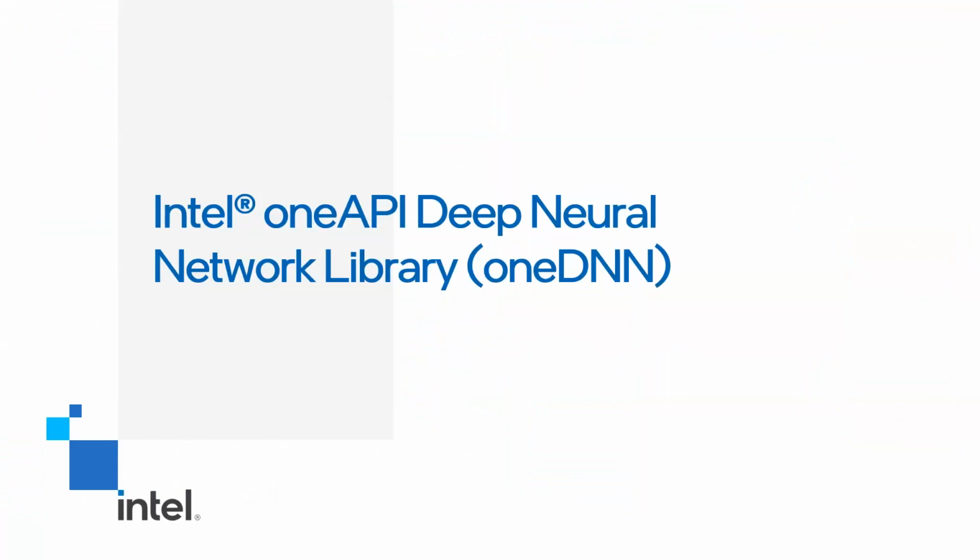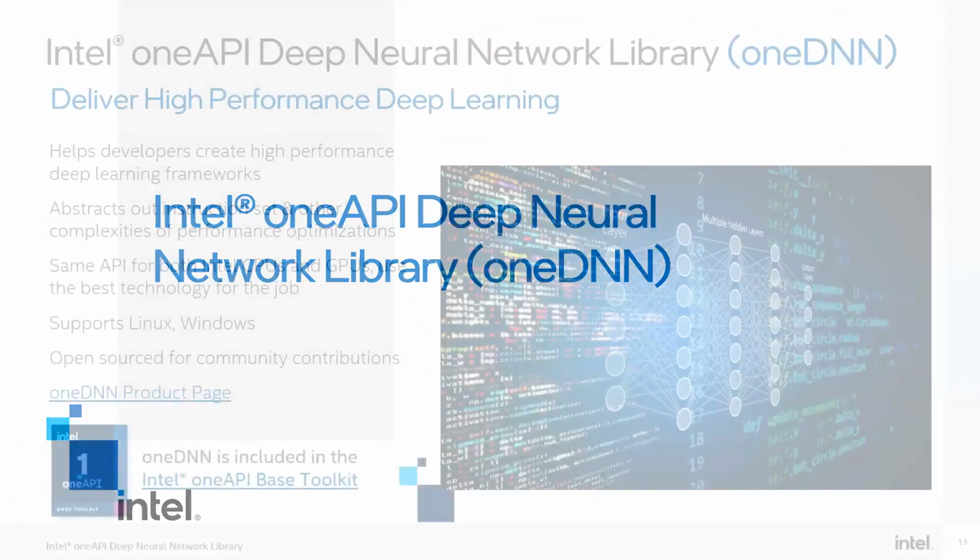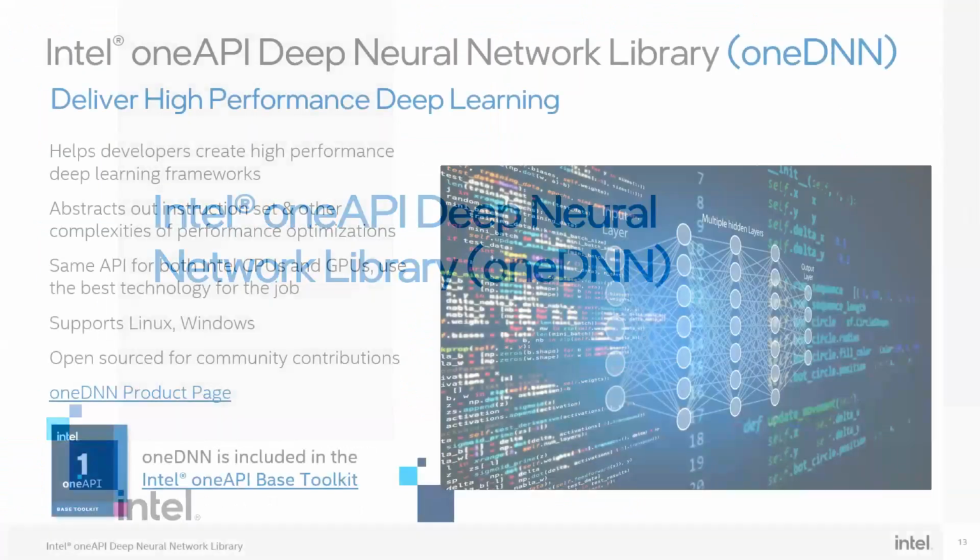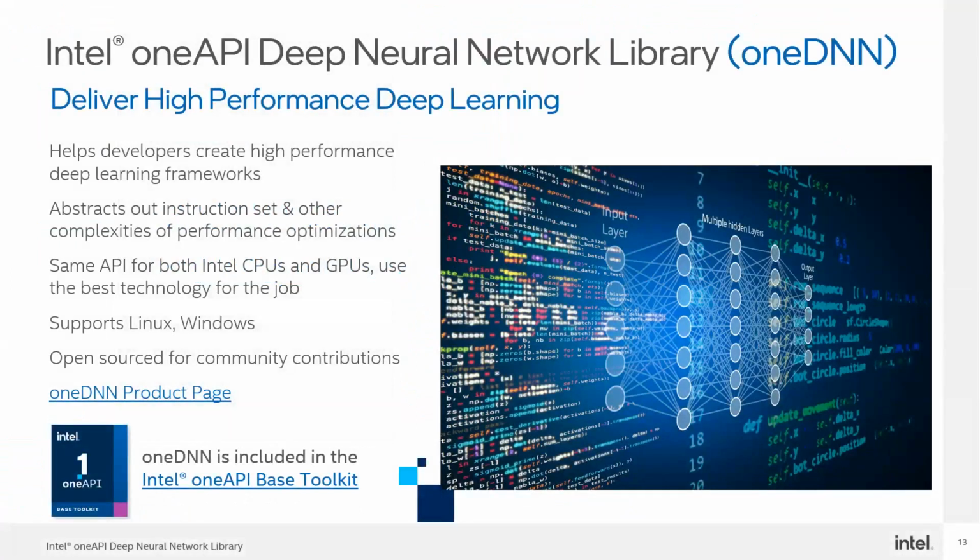So now let's have a look at the oneAPI deep neural network library named oneDNN. The particularity of this one is that it helps developers to improve the productivity and the performance of their deep learning applications. It uses the same API to develop for CPU or GPU, and use whatever is the most useful for you at a given time.